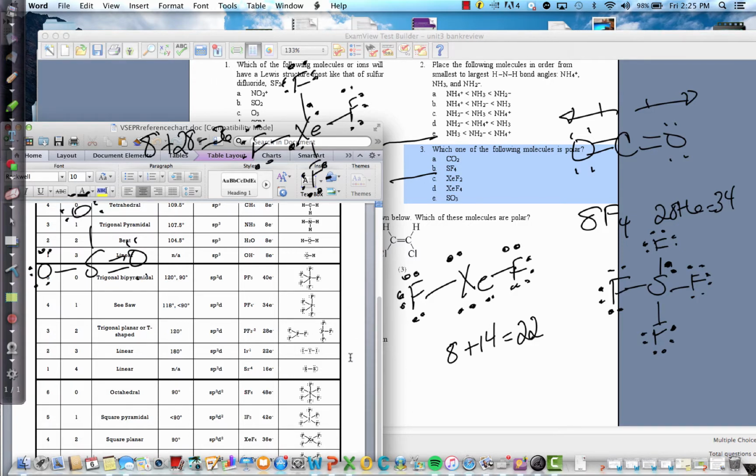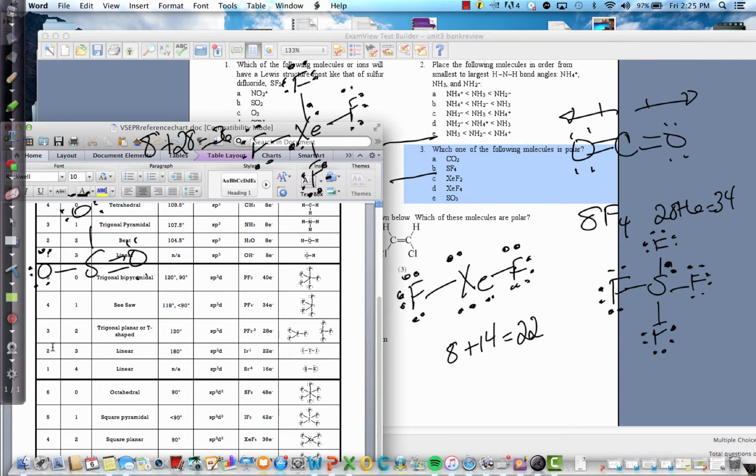All right, so let's look at this shape right here. Well, we've got 3 lone pairs and 2 bonding pairs. Okay, this one, sorry.